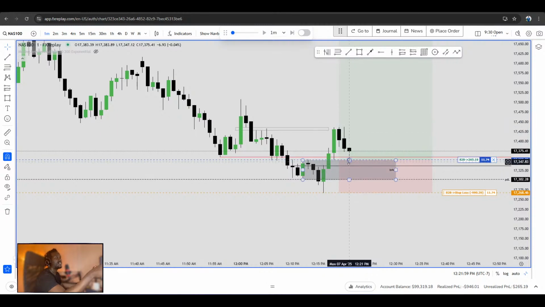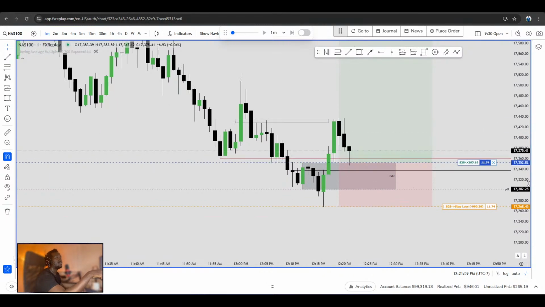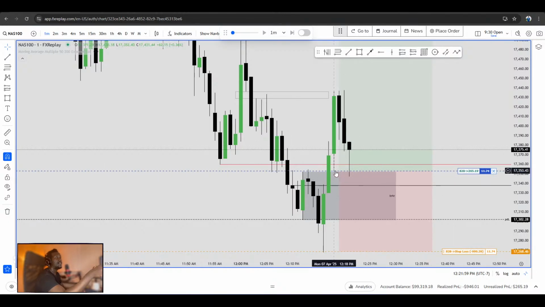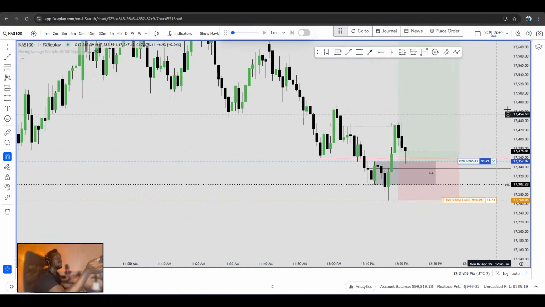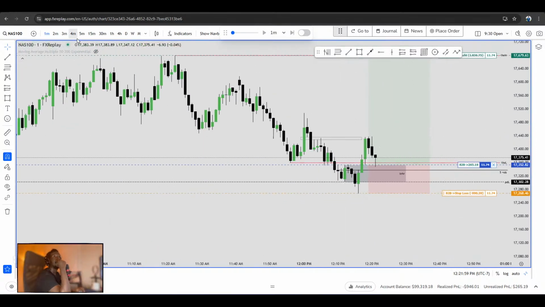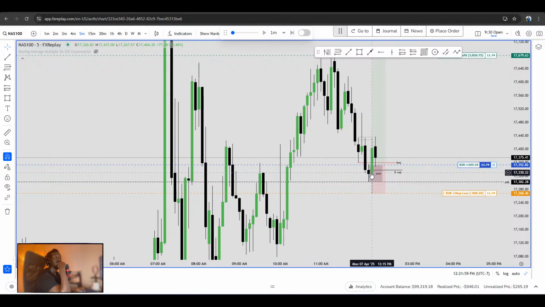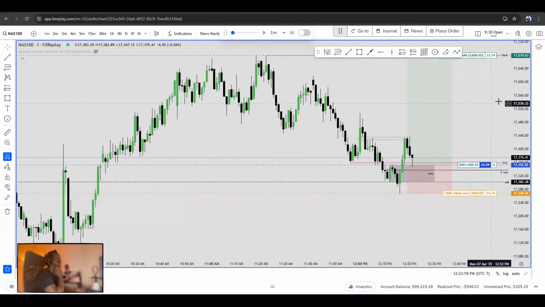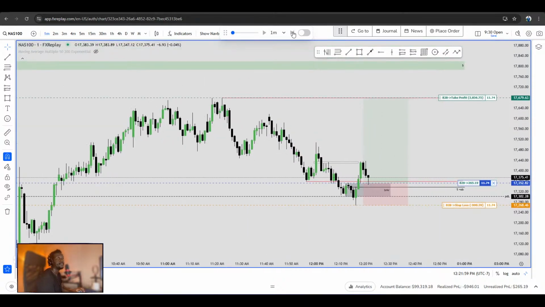So that would be a perfect entry. Now I don't know if your broker would have agreed, but you see we have the 1 minute fair value gap, which is okay. And it was good. This is a 12:10 to 12:15. That's the 12:15 to 12:20. We Gucci. So let's see if this worked or not.